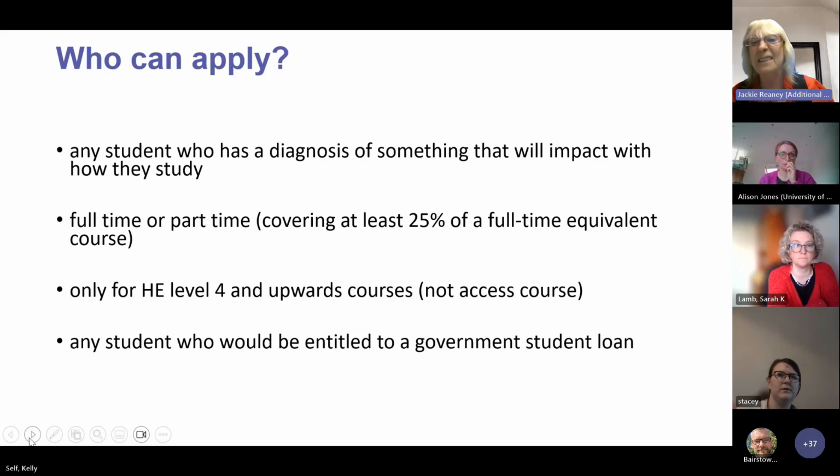They're level 3 and they're access courses. Once you move into the level 4, then you're entitled to explore getting this disabled students allowance. So in other words, any student who would be going on to a government student loan as part of their funding entitlement will be eligible to apply for disabled students allowance.